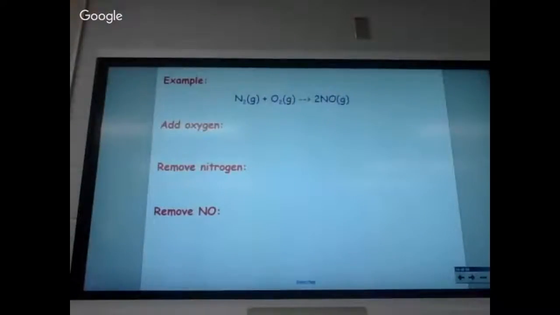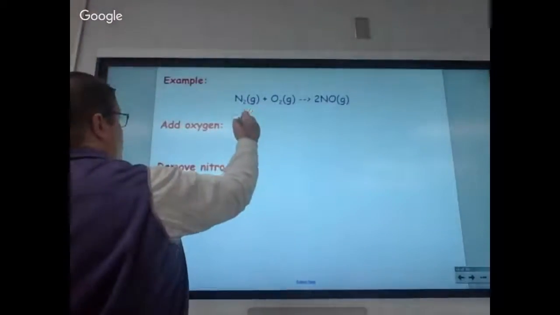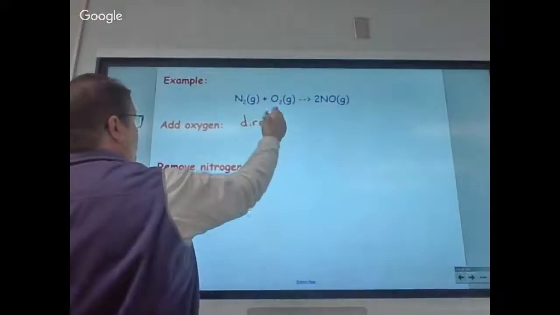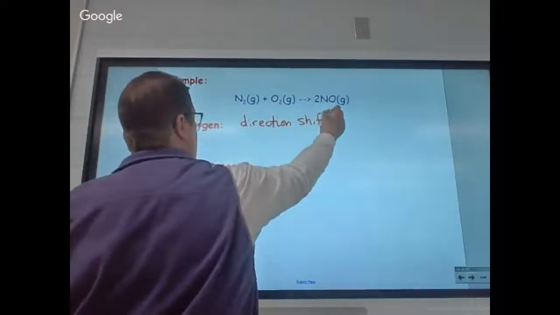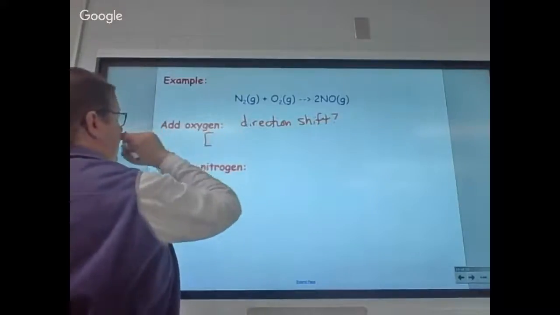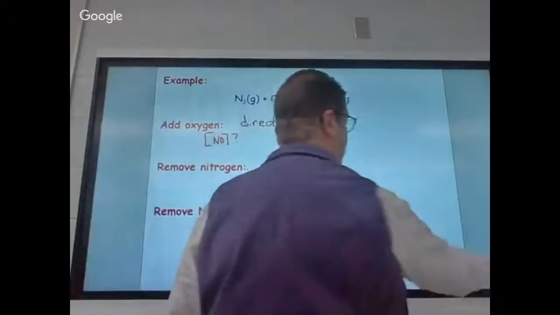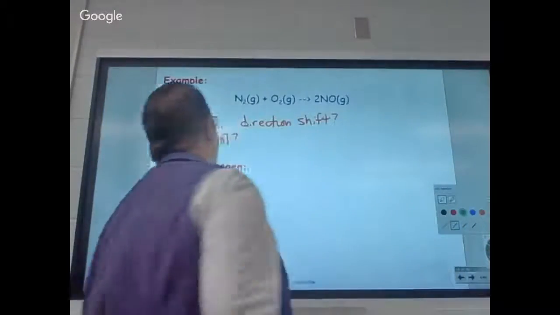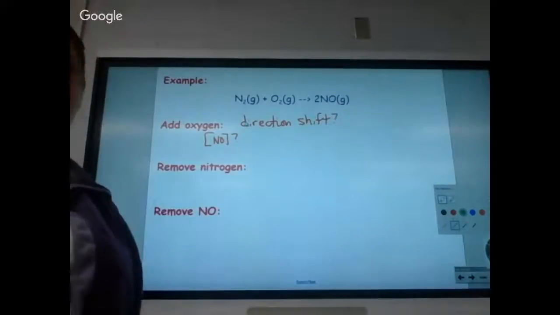If I remove or add oxygen, I want to know the direction of shift, and let's say I want to know what happens to the concentration of NO. So if I add oxygen, what's the rule? Do I go to the opposite side or do I stay on the same side?